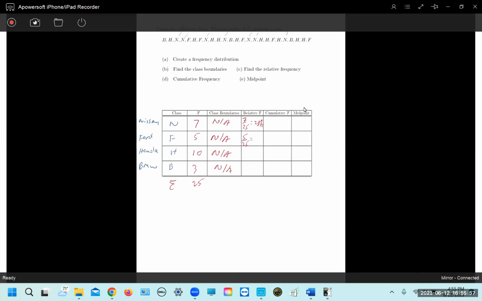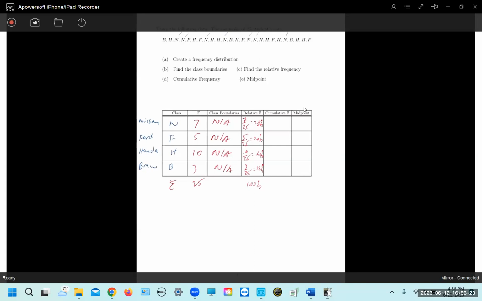So we get 20%. And we get 10 over 25. So this one is 40%. And this one is 3 over 25. So this one is 12%. So we should have the total up is 100%.